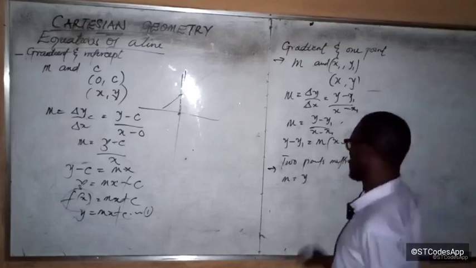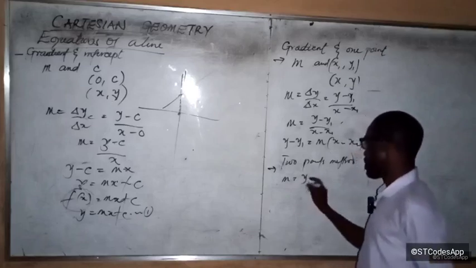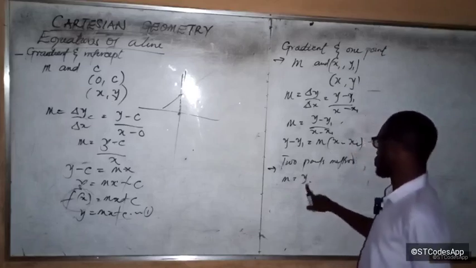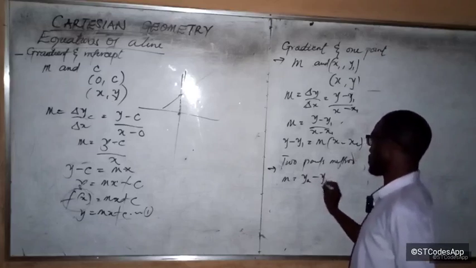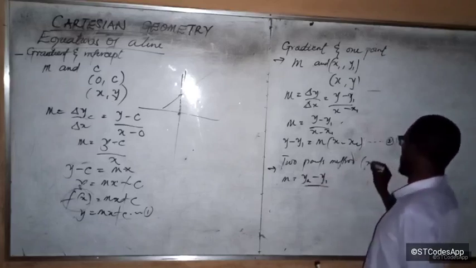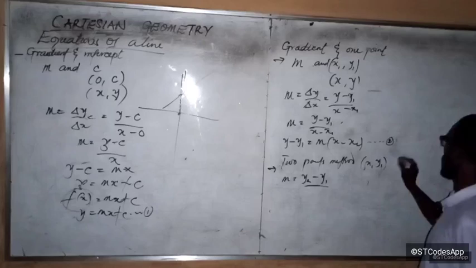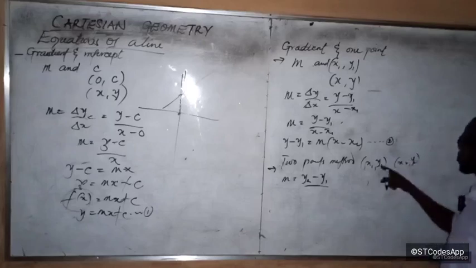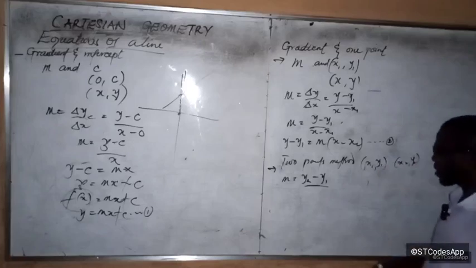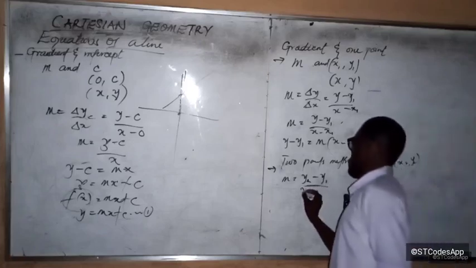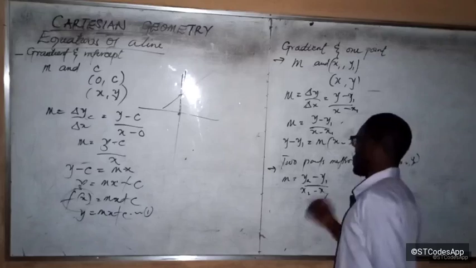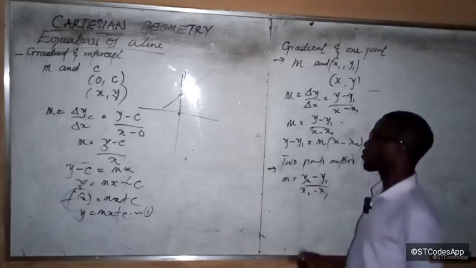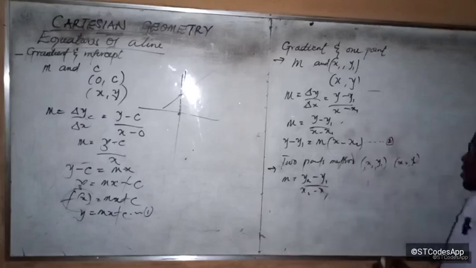We will find the gradient ourselves, as y2 minus y1 over x2 minus x1, our rise over run. Because we are given 2 points here: x1 and y1, and x2 and y2. This is 1 point, this is the second point. And this will be the formula. You maneuver your equation and you find the formula for y.